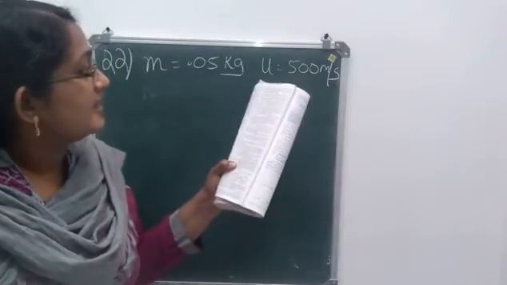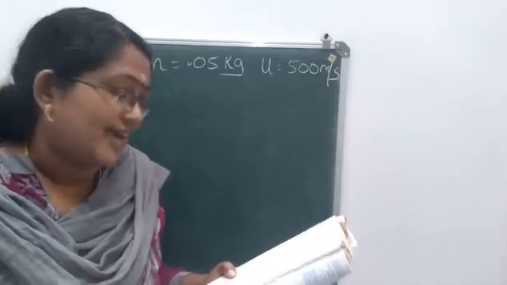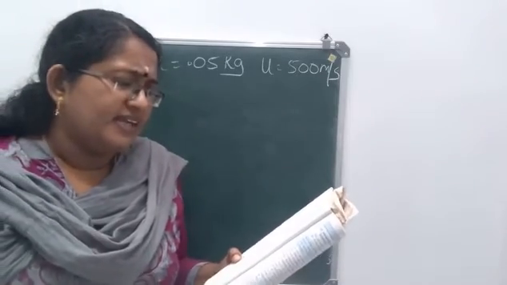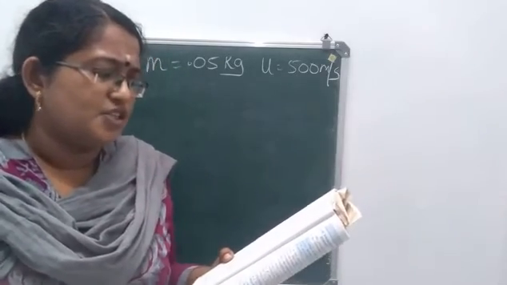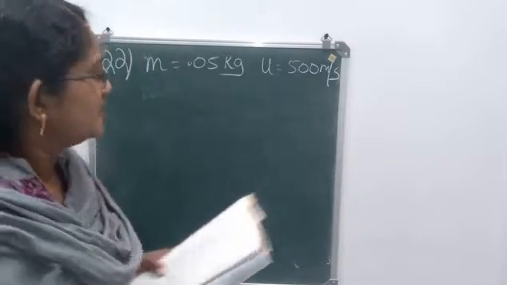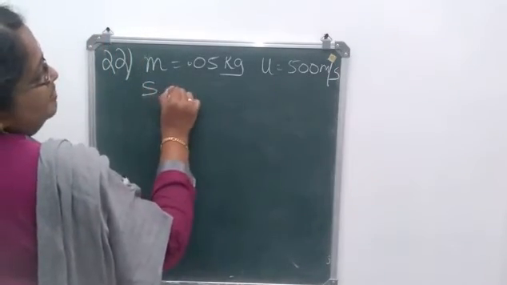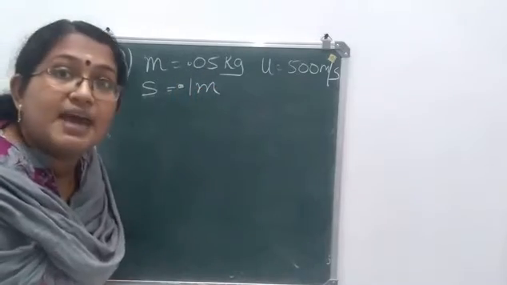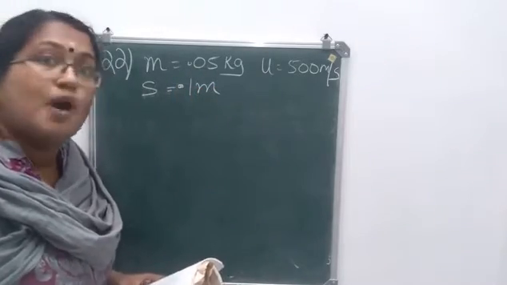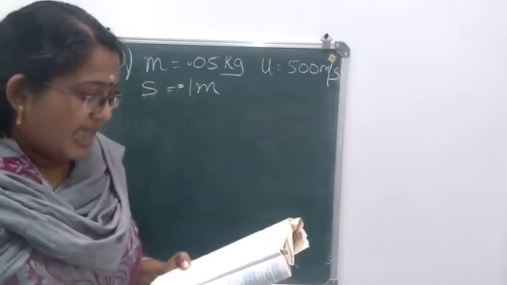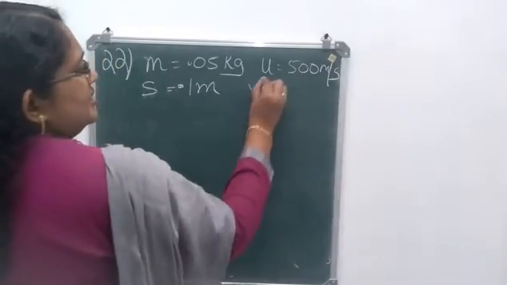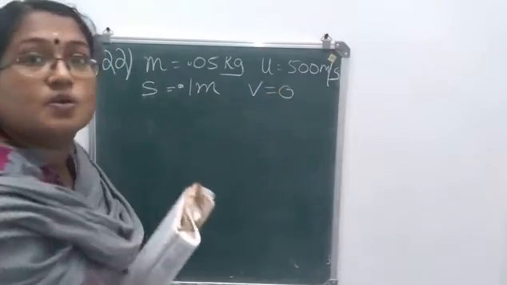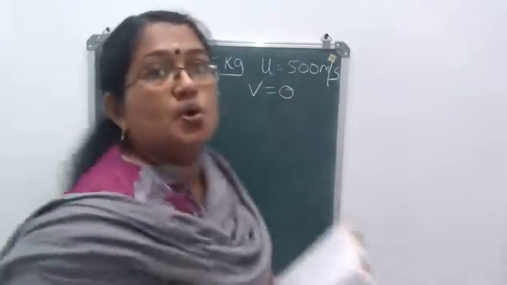Since it is the initial velocity, I have given it as u. It penetrates 10 centimeter into a still target. That means displacement is 10 centimeter. 10 centimeter means 10 by 100, which is equal to 0.1 meter. And comes to rest. That means final velocity is 0.